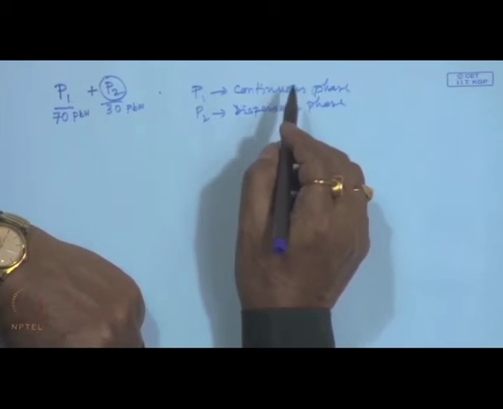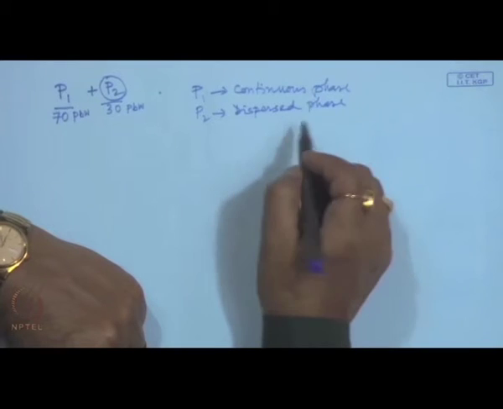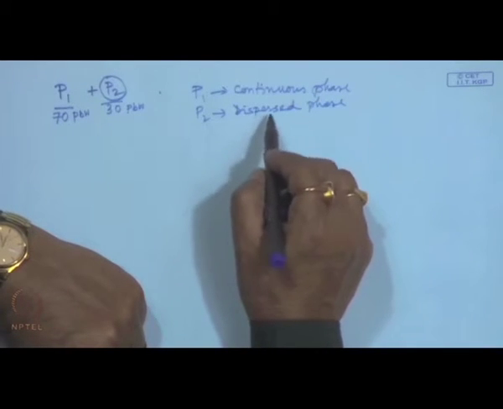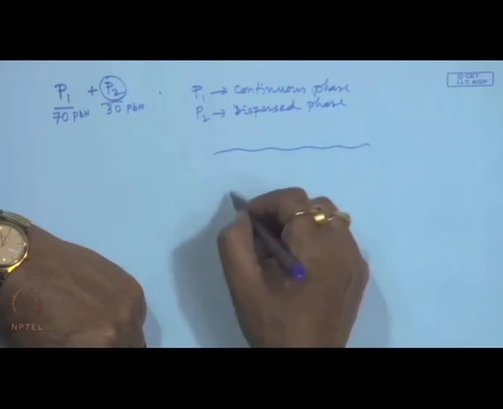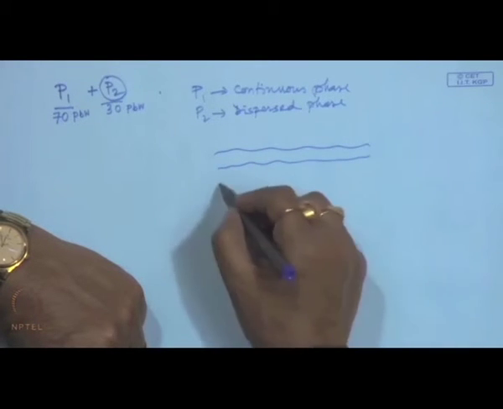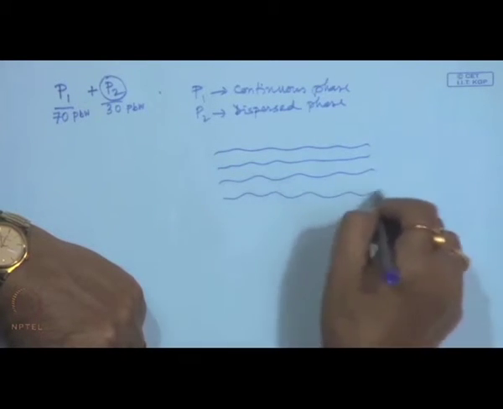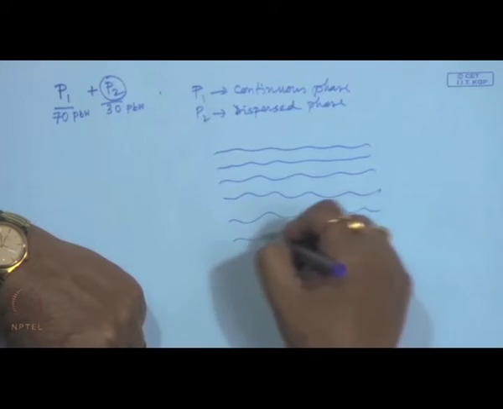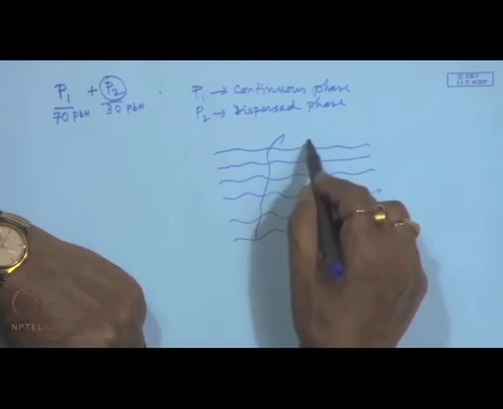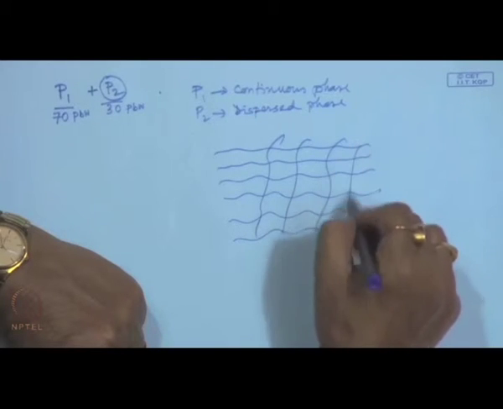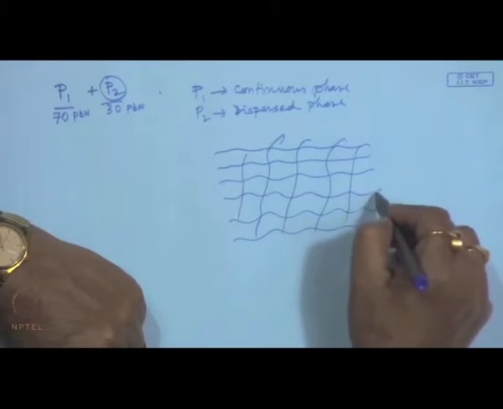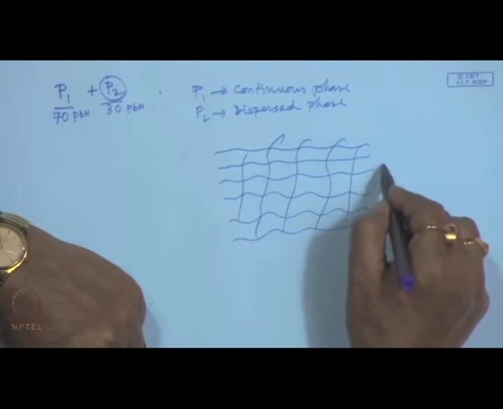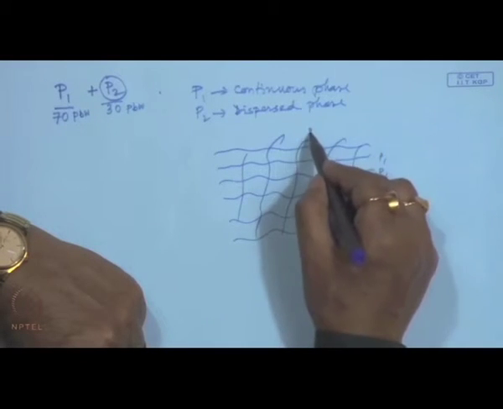Now, this dispersed phase can be cross linked. This is the phase of P1 molecules in which P2 molecules are dispersed at a lower concentration than P1. So, these are P1 molecules, and these are P2 molecules.